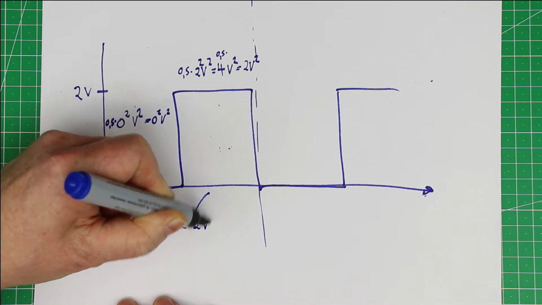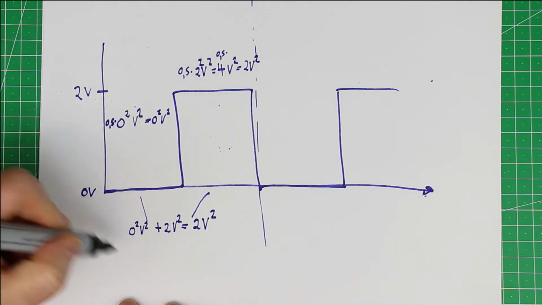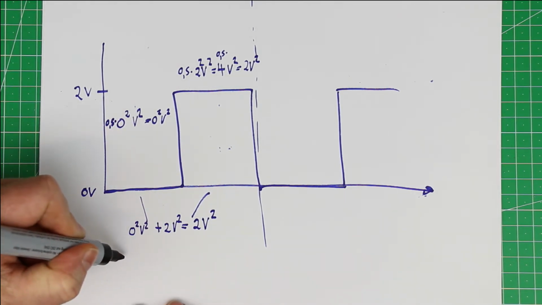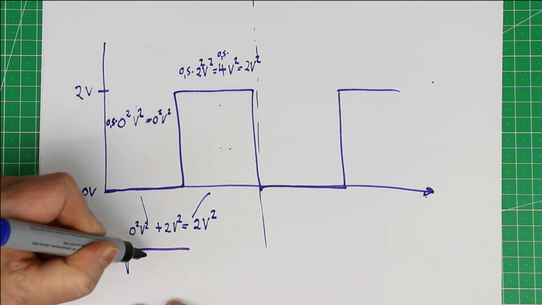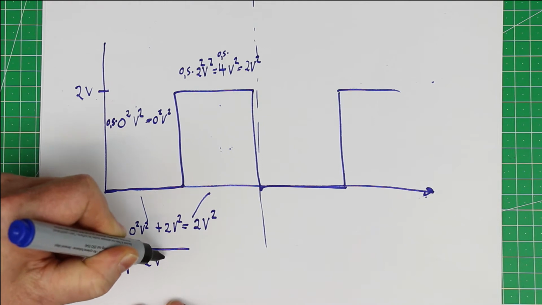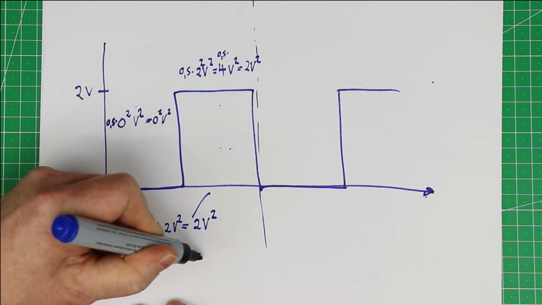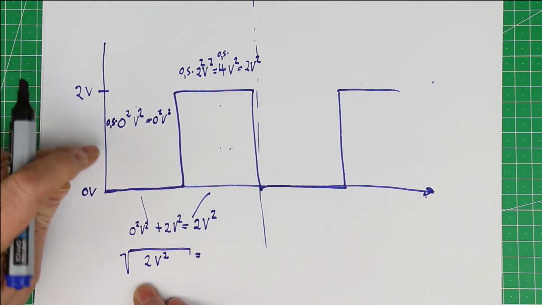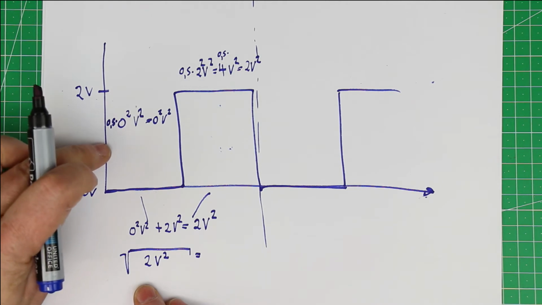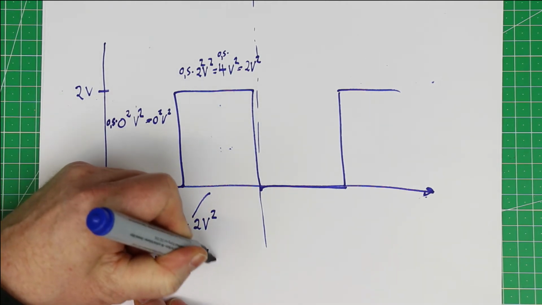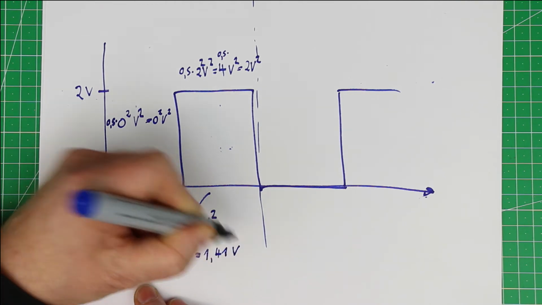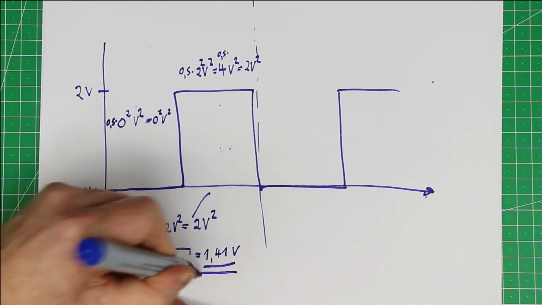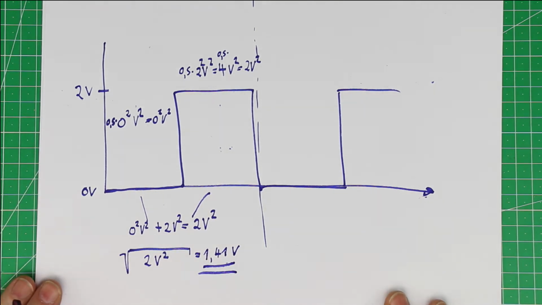This gives us 2 volts squared, and now we have to take the square root of this sum, and the square root of 2 volts squared is not, as we thought from intuition, 1, but it is the square root of 2, which is around 1.41 volts.